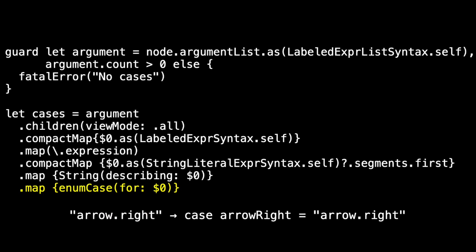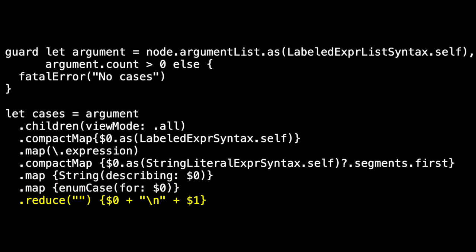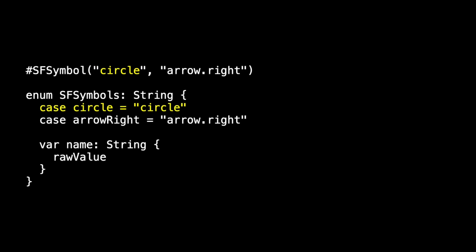And it takes arrow.right, and turns it into the case that is correctly camel cased, and the string is arrow.right. Once I have all the cases, I'll do a reduce on this, so I have all of the cases on their own line. That's how this SF symbol with circle gives me the case circle, and arrow.right gives me the case arrowRight, each on their own line.